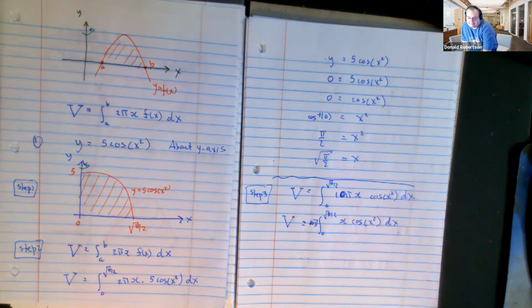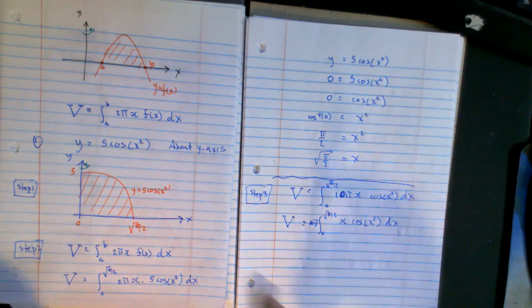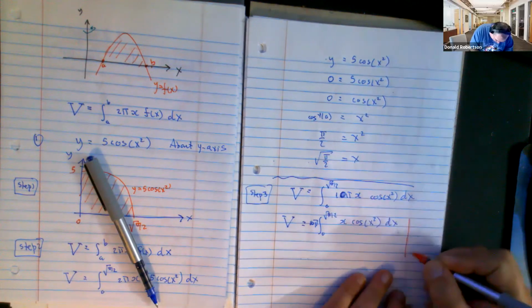Okay, this integral is doable, if there is such a word as doable. What technique will I use to find the integral of x cosine of x squared? U substitution. Correct. And who is the u sub going to be?